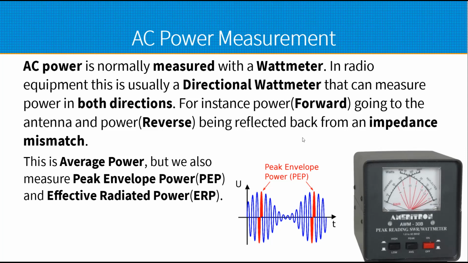In a lot of cases, like in the picture shown, it's a cross needle display, and there's actually 2 meters in there, one in each corner. Reflected power drives one of them, forward power drives the other, and where they cross on these red lines on the chart shows you what the SWR value is for that. It's a complicated ratio of the reflected and the forward power.